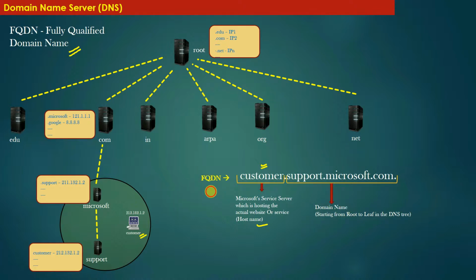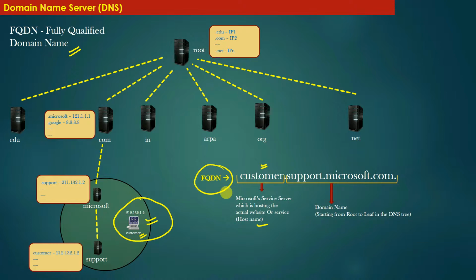So what exactly does the fully qualified domain name represent? What is the significance? The significance is that the fully qualified domain name uniquely identifies a server which provides a World Wide Web service. For example, if I tell you customer.support.microsoft.com, with the help of the DNS system, you can uniquely identify that this name corresponds to this server.